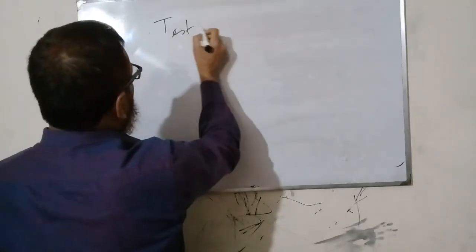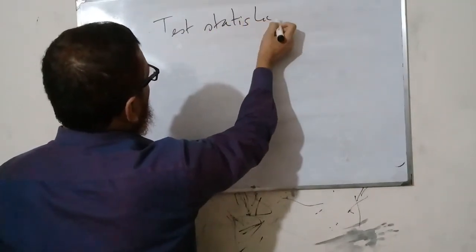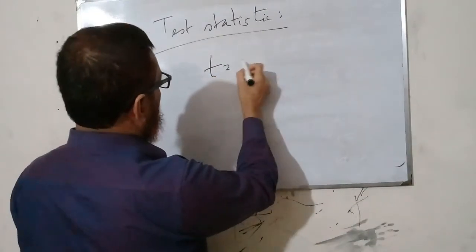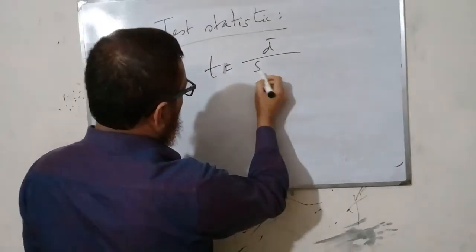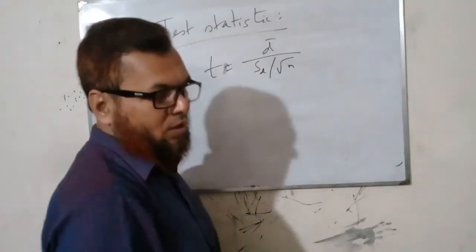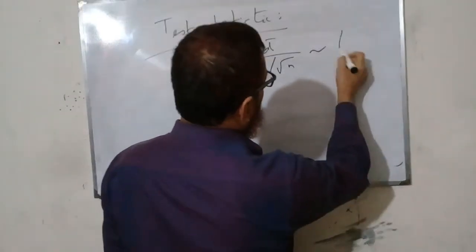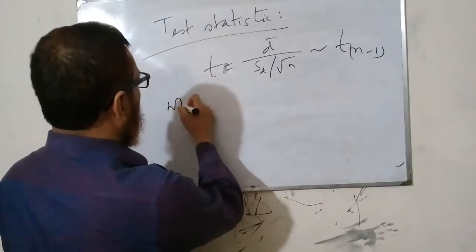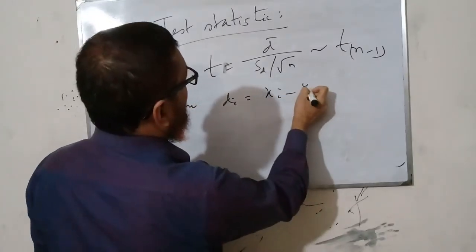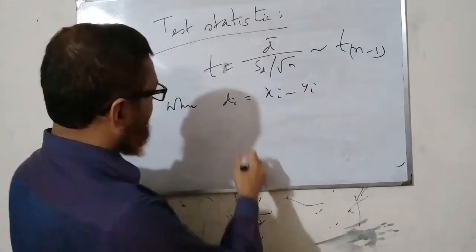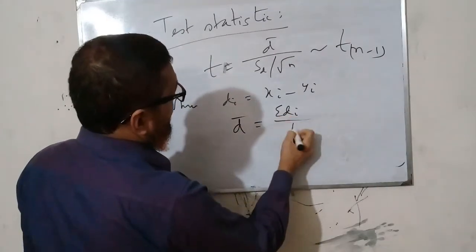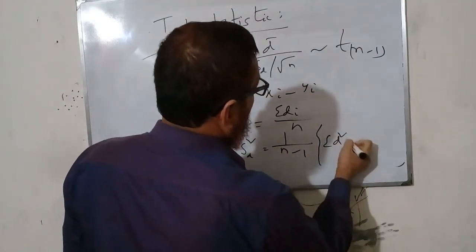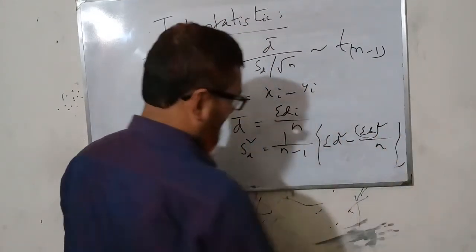Test statistic. The appropriate test statistic is t test: t equals d bar divided by s d over root n, which follows t distribution with n minus 1 degrees of freedom, where di equal to xi minus yi, d bar equal to summation di by n, and s d square equal to summation d square minus summation d whole square by n.